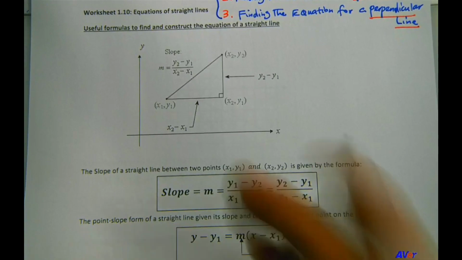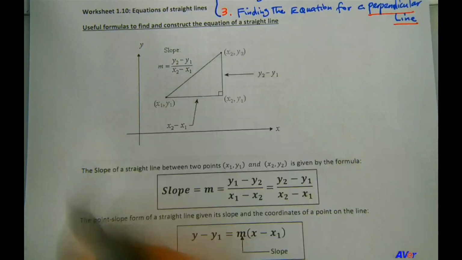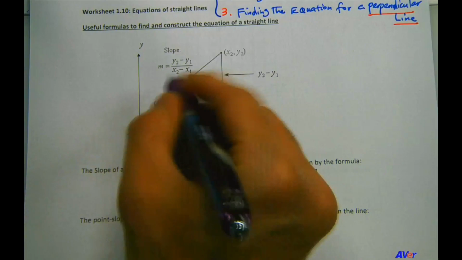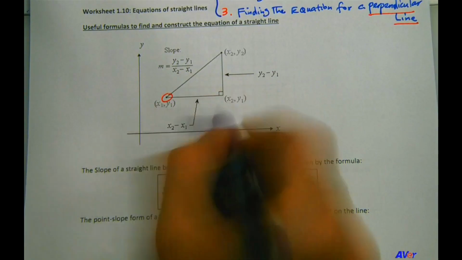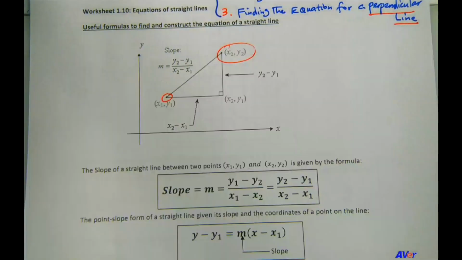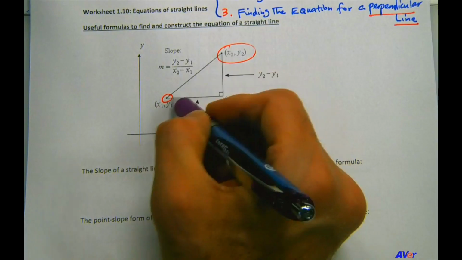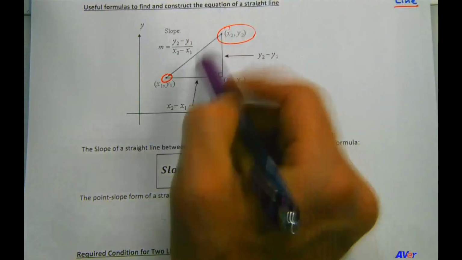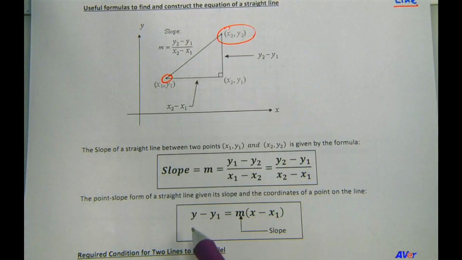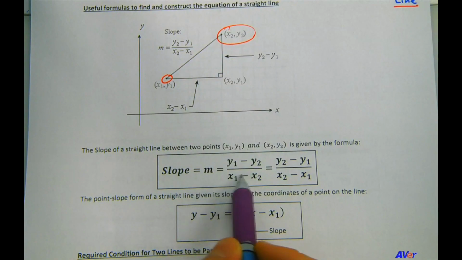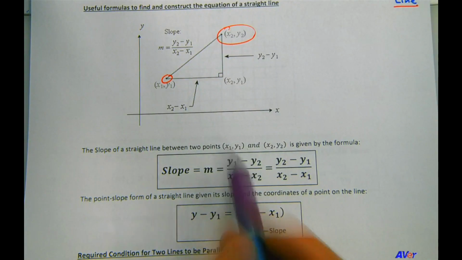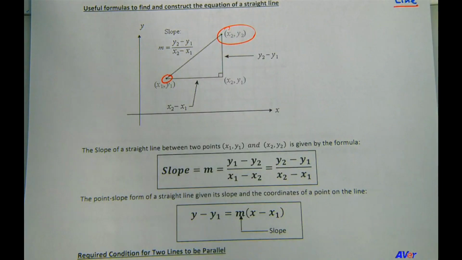So suppose you have 2 points, at x1 comma y1 and x2 comma y2. Suppose you have a straight line connecting those 2 points. Then the slope of the line that connects them can be calculated with a formula that depends on the coordinates of those points.